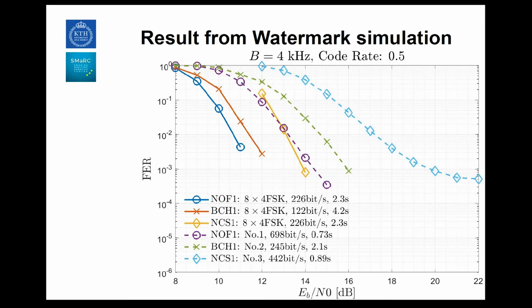On the y-axis, I have frame error rate, or packet error rate, or block error rate, whatever you want to call it: the probability of having at least one error in the entire frame of data that you send. And on the x-axis, it's SNR. The numbers here might not say very much. You have to compare it to another method to get some idea of what the actual numbers are, so let's not focus too much on them.